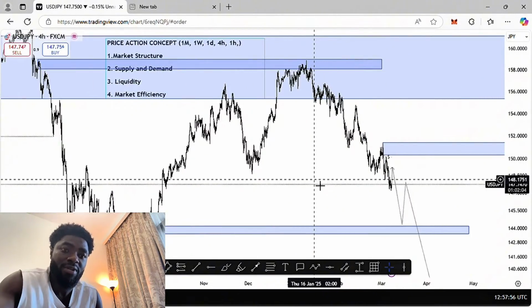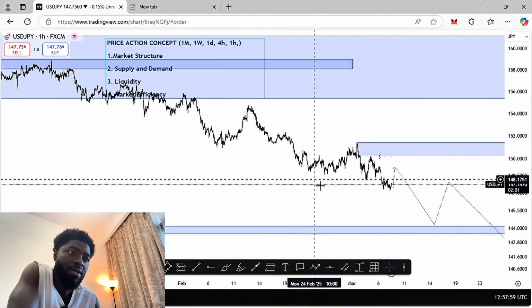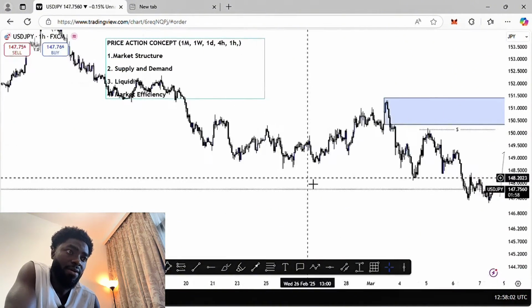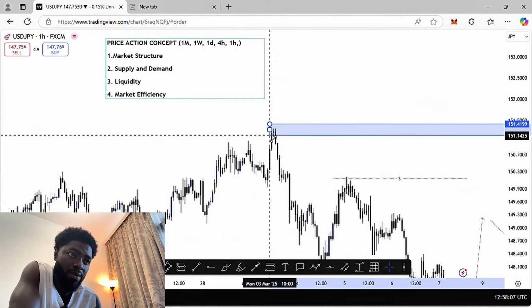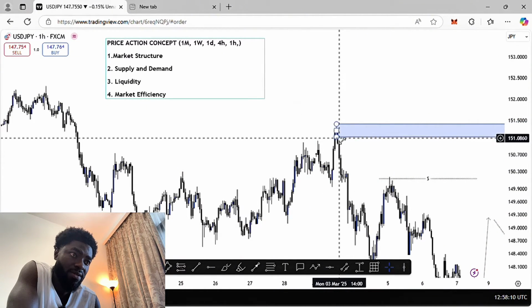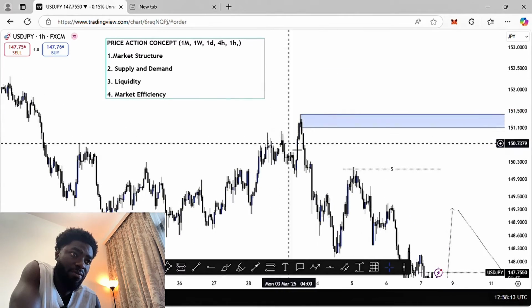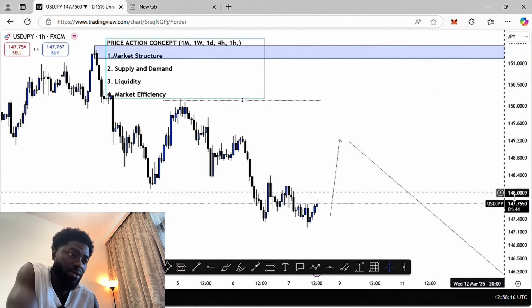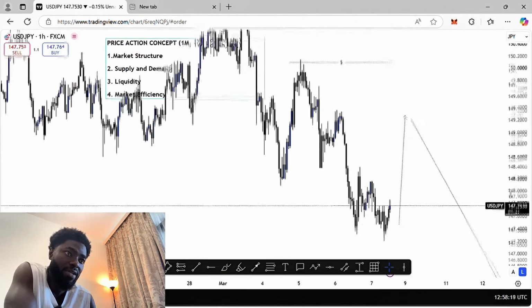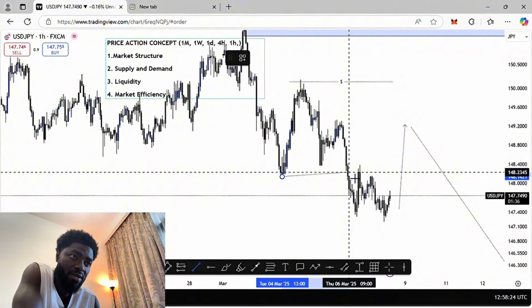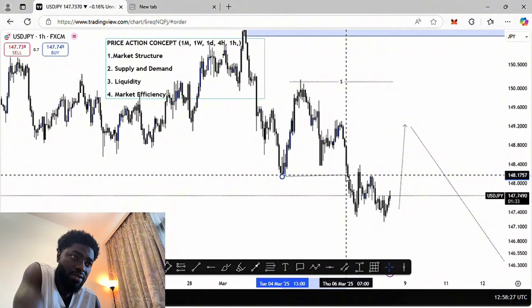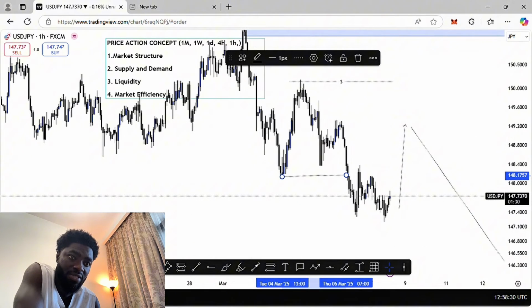So let me see if we can have the 1-hour time frame and then take any trade from there. After refining this, on the 1-hour time frame, we will have something like this. On the 1-hour time frame, I would perfectly look for a sell at this breakout structure here, and this supply zone calls this breakout structure.